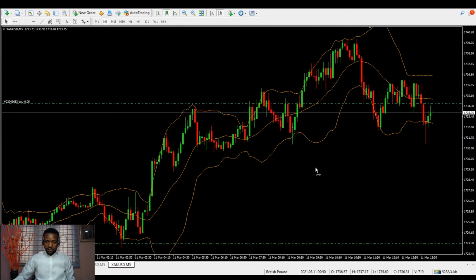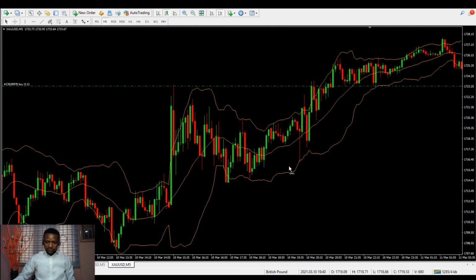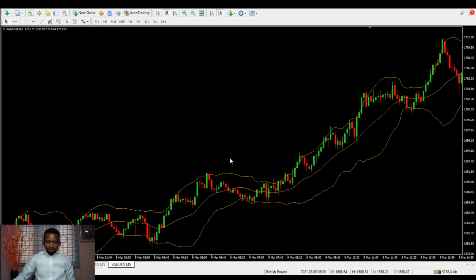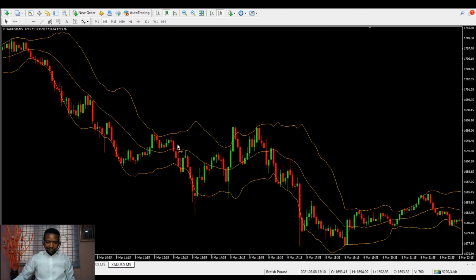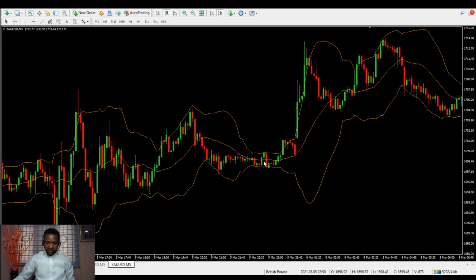So let me look for a recent squeeze so you can have a better understanding. So this is a squeeze. At the end of this, a new trend began, then it expanded.